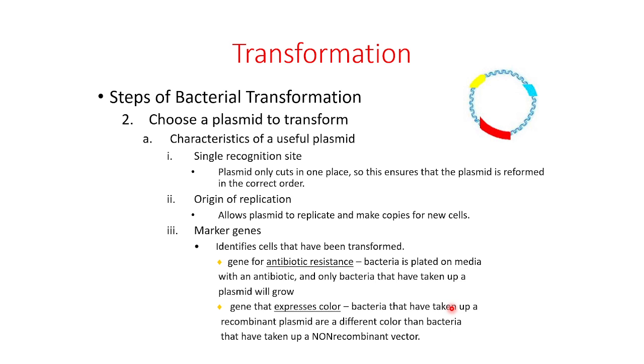The next thing being your marker genes, that is, they identify the cells that have been transformed, like the gene for antibiotic resistance. Your bacteria is plated on a media with an antibiotic, and only bacteria that have taken up a plasmid will grow. The other thing is that the gene expresses color. Now the bacteria that have taken up a recombinant plasmid are a different color than bacteria that have taken up a non-recombinant vector.